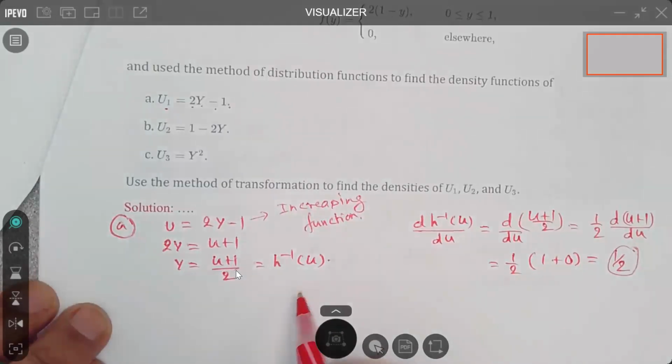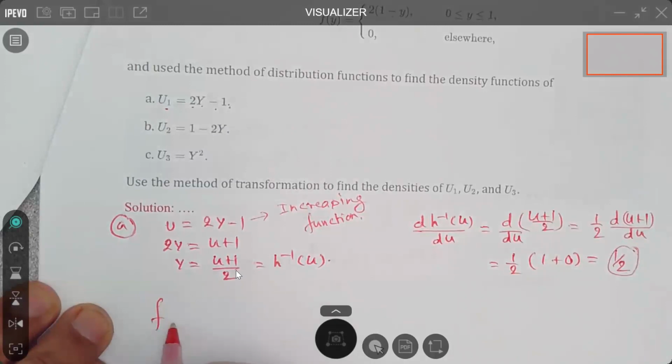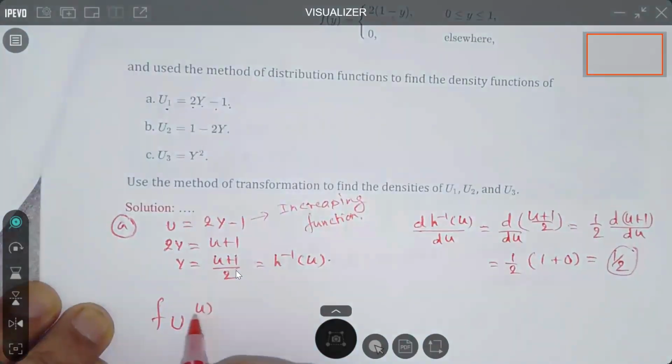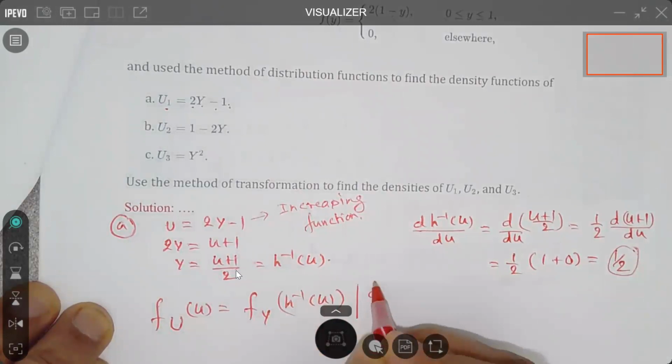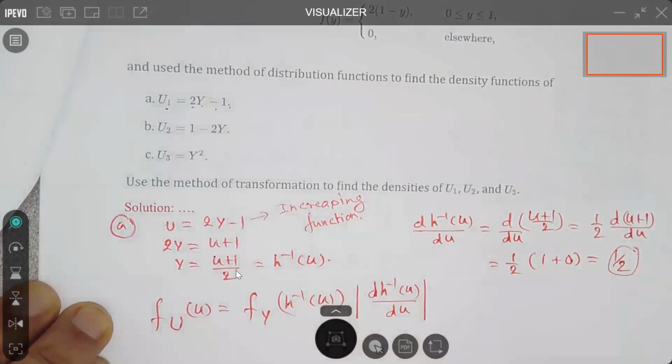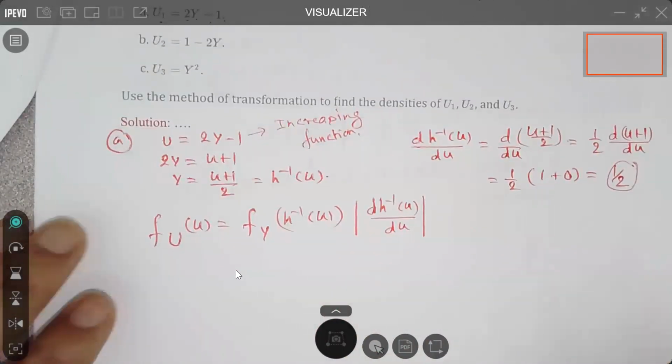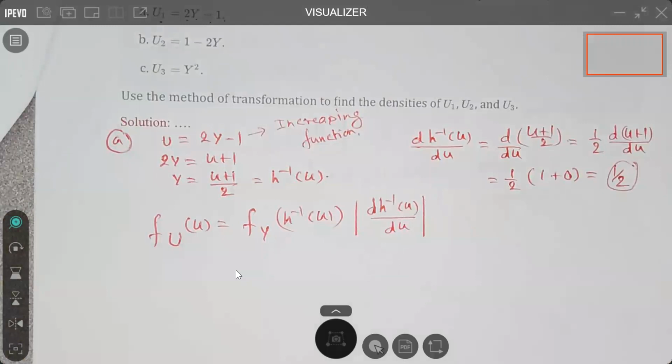Now apply the formula: f_U(u) equals f_Y(h inverse of u) times the absolute value of d h inverse of u. Can you plug in the values now?